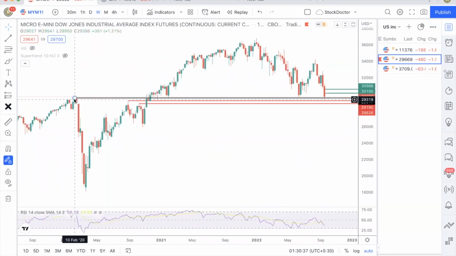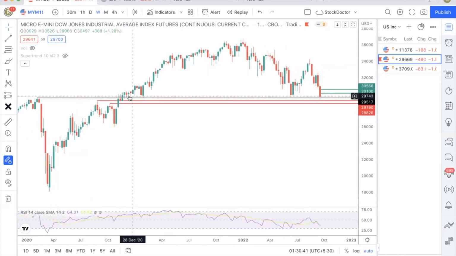You can see here, November 2020. We have given a closing below November 2020, and here 29,500 is the pre-COVID low level.